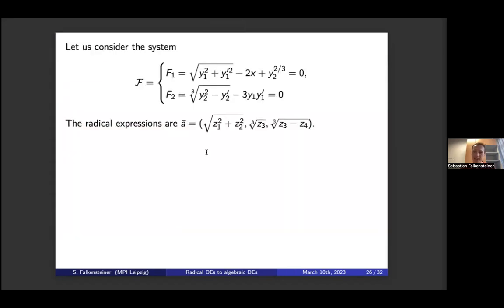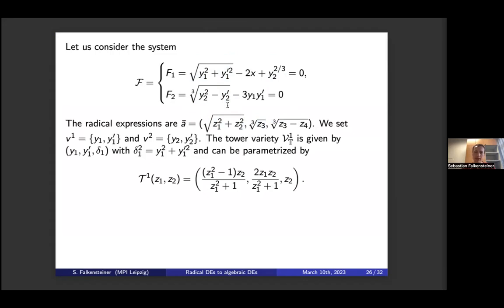So let us take a look at this system here of differential equations in y1, y1 prime, y2, y2 prime. So here we have several radical expressions, and the nice thing is we can take a partition C1, C2, C3, C4.